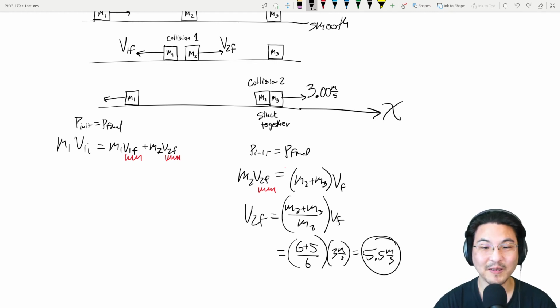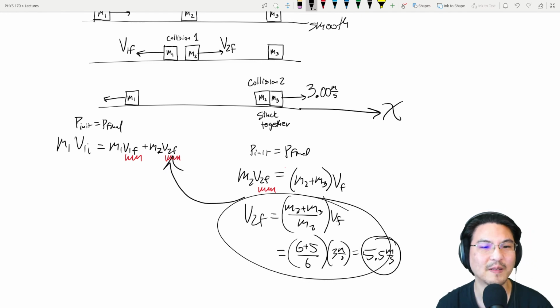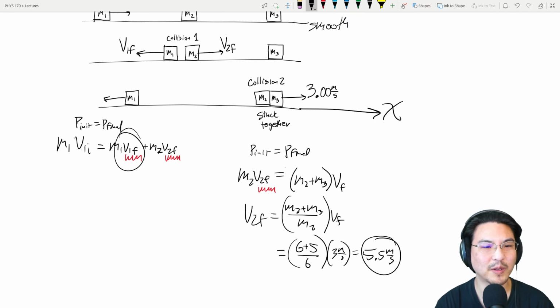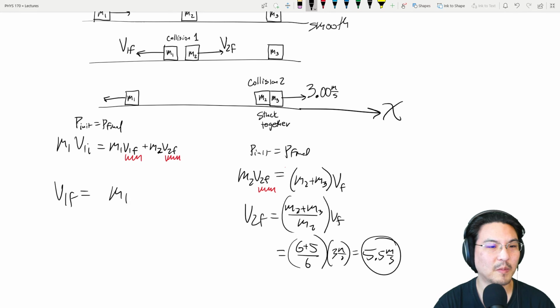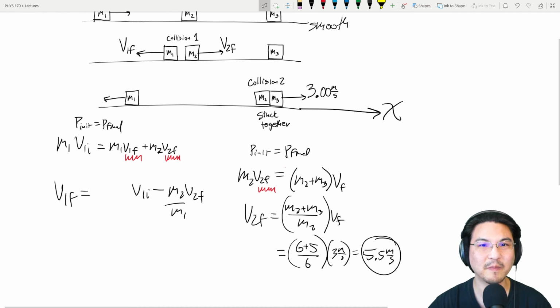And now that we know that answer, we can plug that in right there, and then solve for V1 final. V1 final is M1 V1 initial minus M2 V2 final, and then just divide everything by M1. And there we go, so that's V1 final.